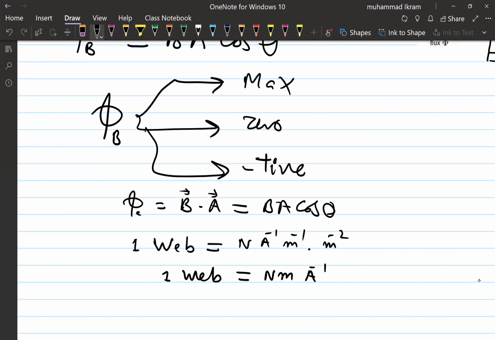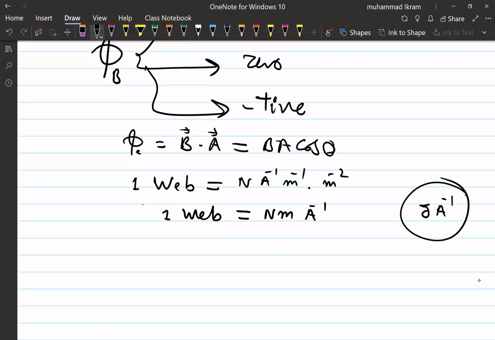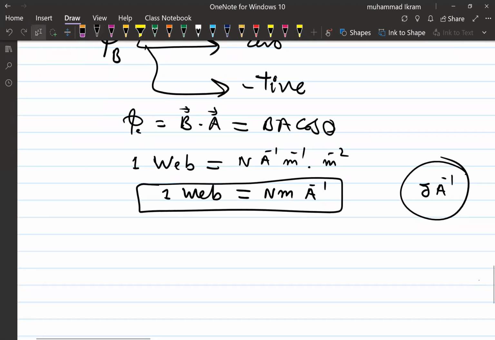Very simply, we can even say joule per ampere also. So 1 Weber is equal to this. This is the SI unit of magnetic flux.